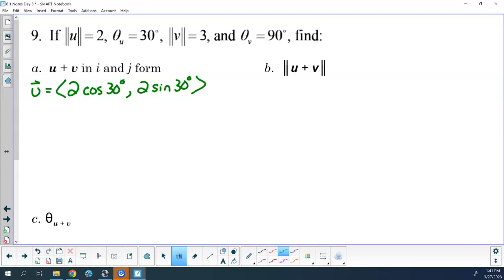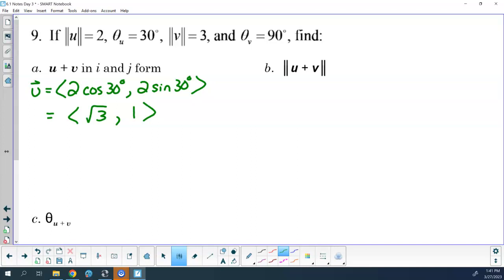Cosine of 30 degrees is square root 3 over 2, times 2 is just going to be the square root of 3. Sine of 30 degrees is 1/2, times 2 is 1. So there's u in component form.